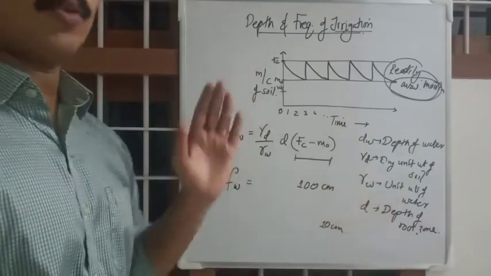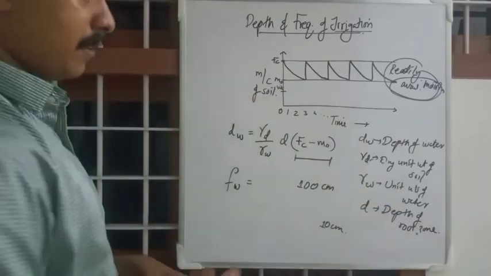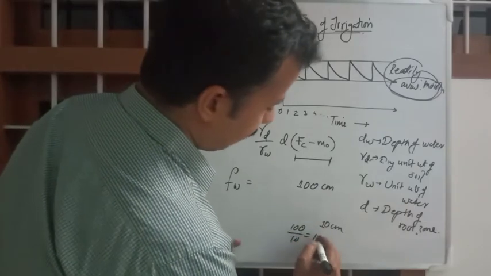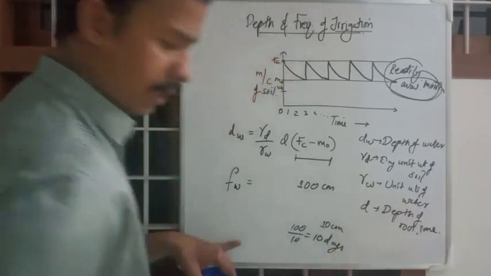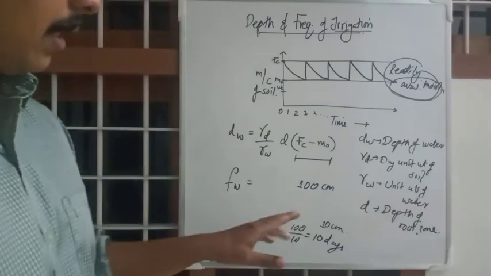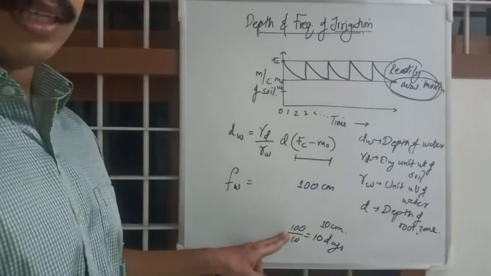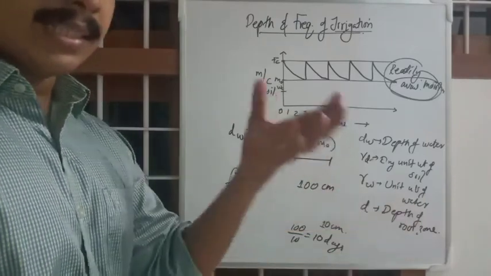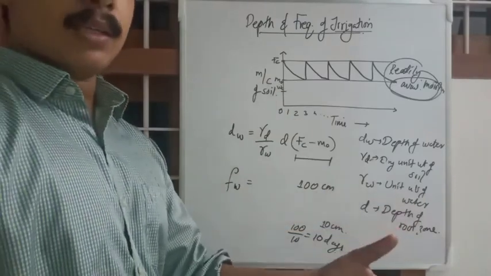So obviously, after how many days should you be watering again? After 100 by 10 days. I hope you understand. For one watering we use 100 centimeters of water.